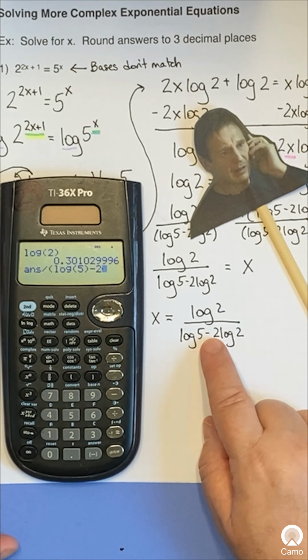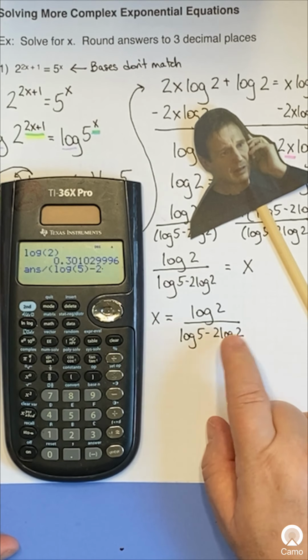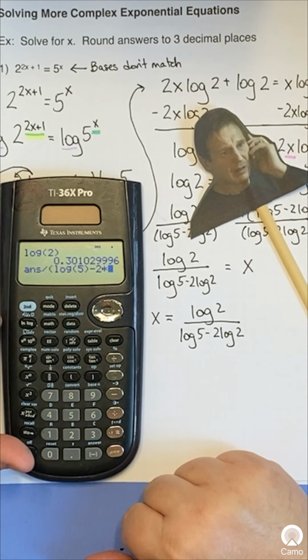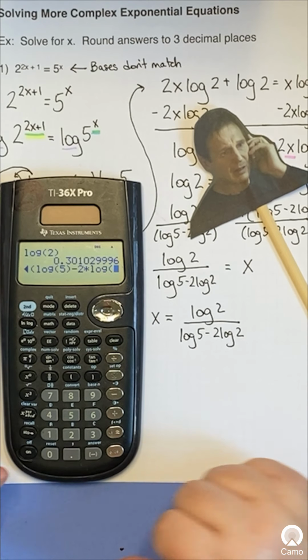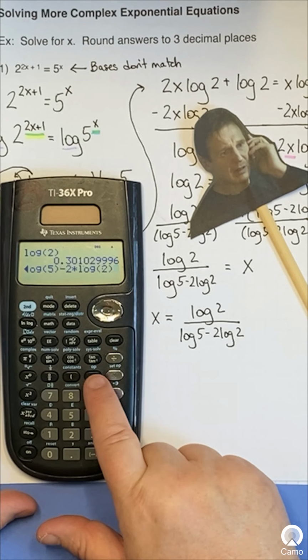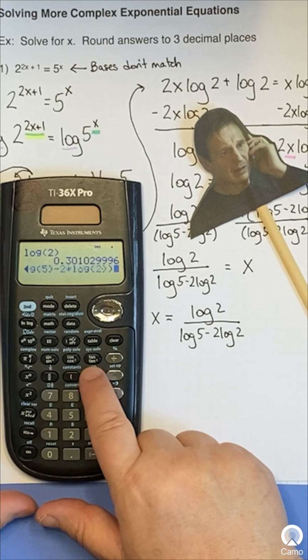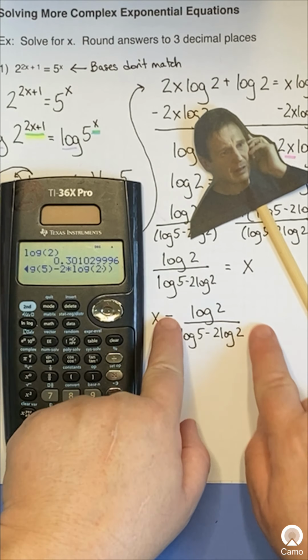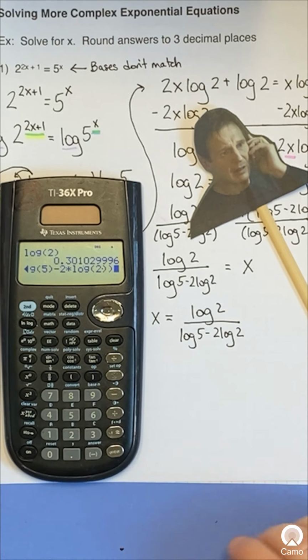Some calculators you could just write 2 log 2. You can skip the times. I'm going to put in the times just to be safe. I need another logarithm, and then this one's 2. And then I close the logarithm parentheses, and then I close the denominator parentheses. The whole thing has to be in parentheses there.